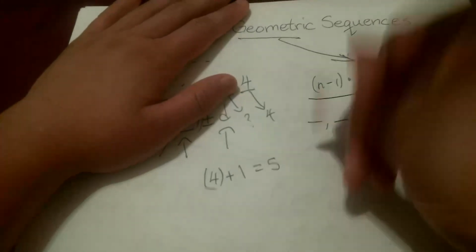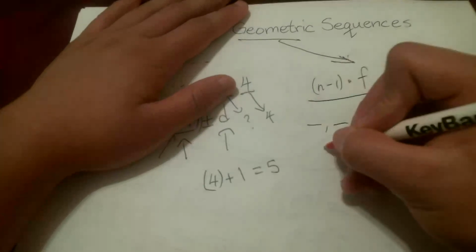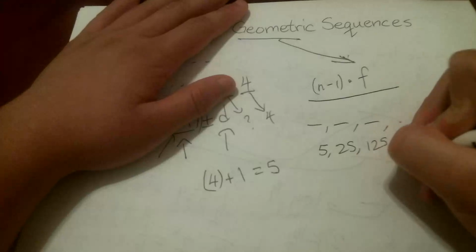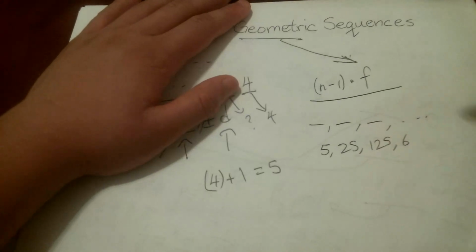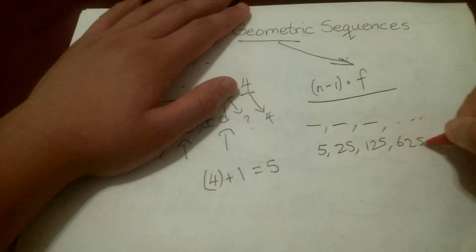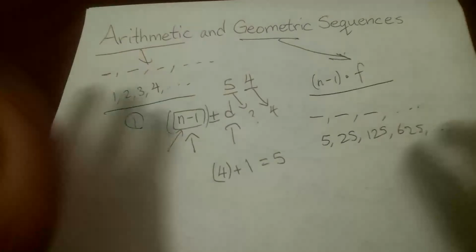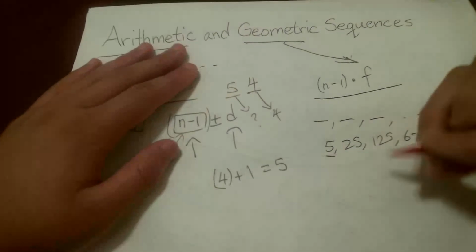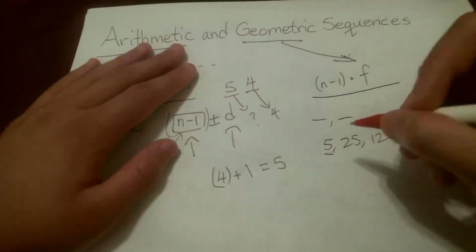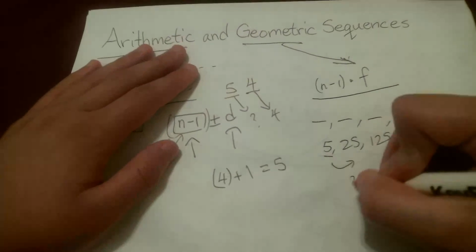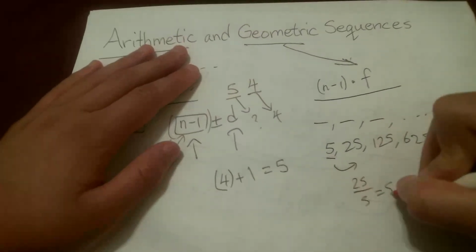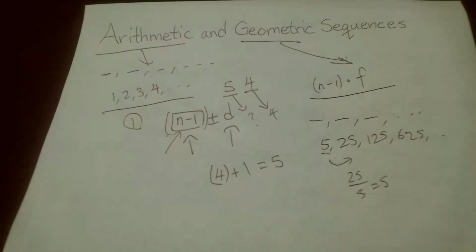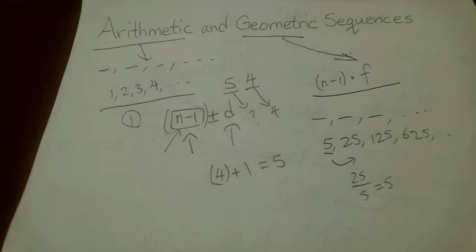Let's start with a common one: 5, 25, 125, 625, and so on. Here we have 5 as the first term, and the common factor is 25 divided by 5, which is 5, and that stays constant throughout this entire sequence.